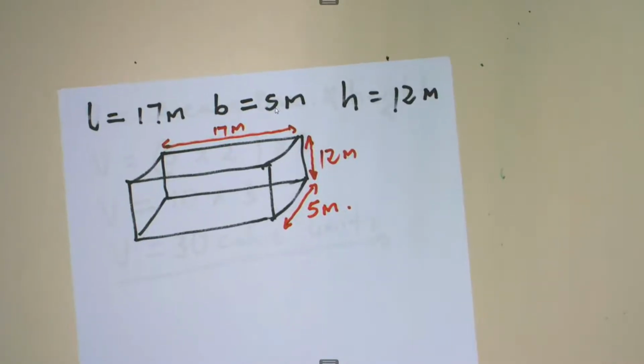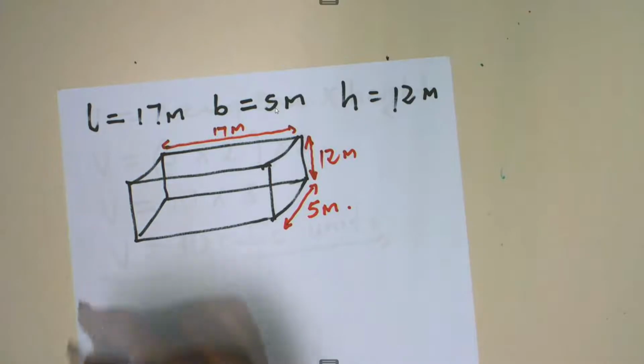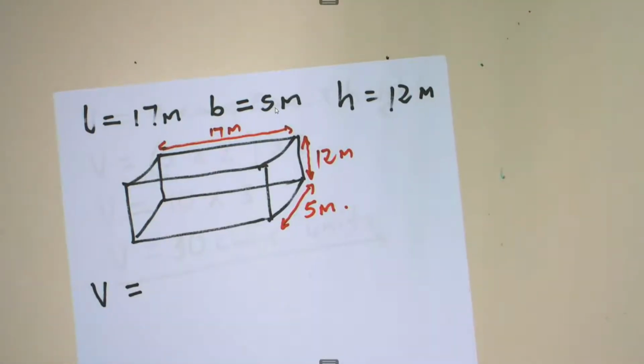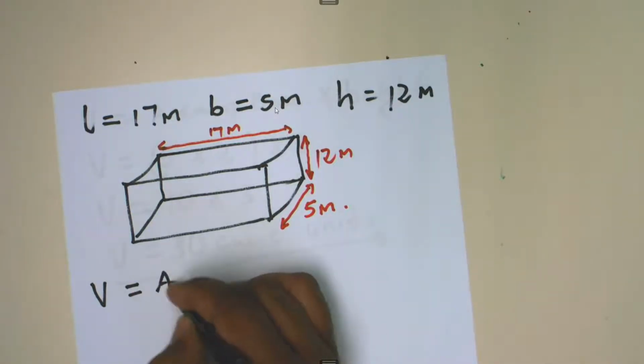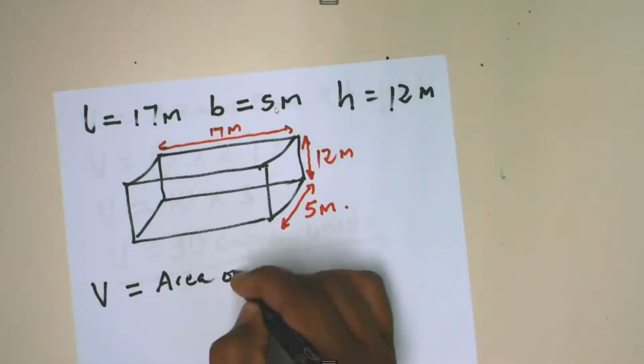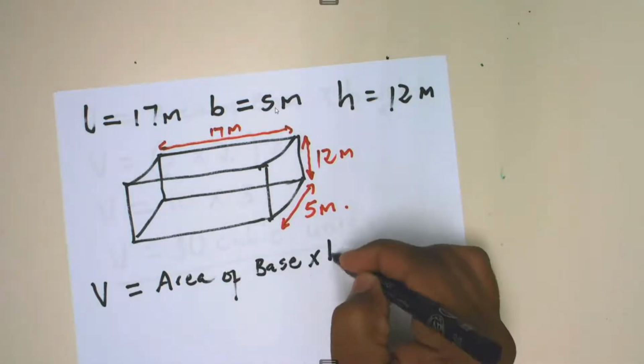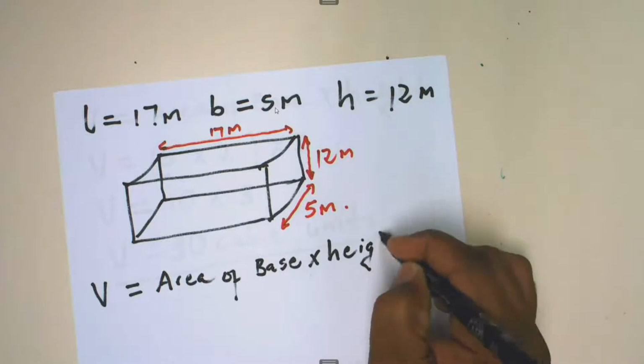Now, what have you discovered? We said the volume of a rectangular prism will be the area of the base. Remember, area of the base, we multiply it by the height.